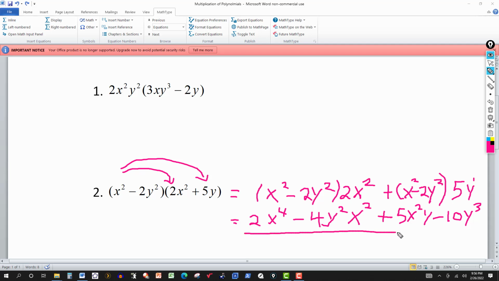So don't add terms if they're not the same. They have to be exactly the same. So in other words, if you have a 2xy plus a 5xy term, that's the same. Coefficients, you just add them up, 7xy.